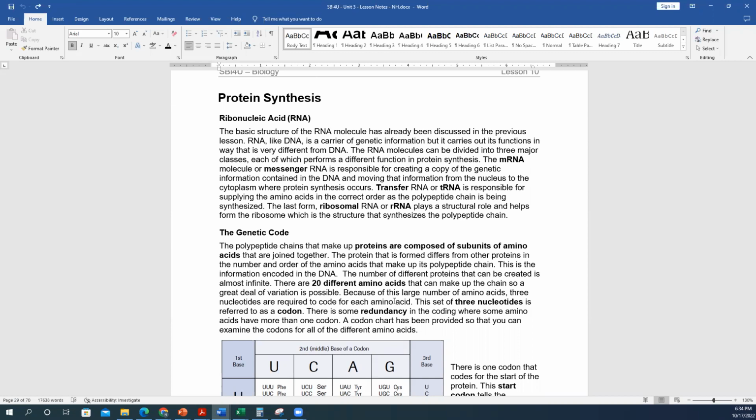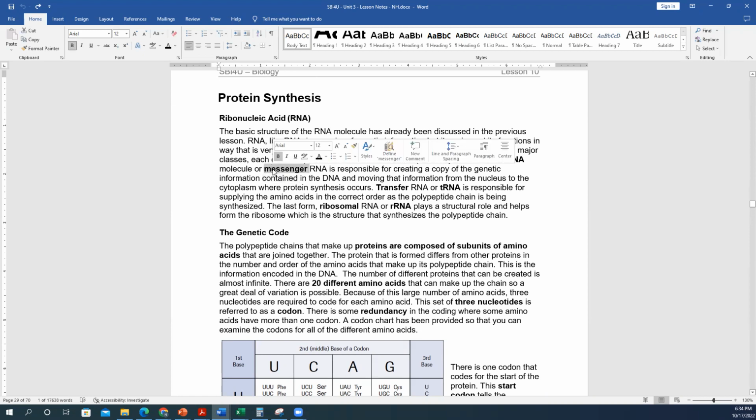You have the mRNA, and the m, this lowercase m in front of it, stands for messenger RNA. And messenger RNA, mRNA, is responsible for making a copy of that genetic information that is found in DNA.